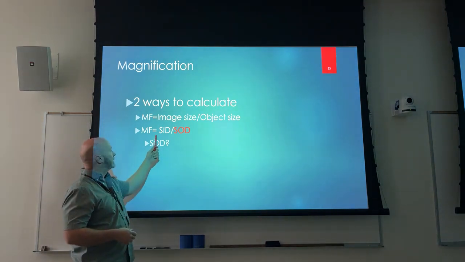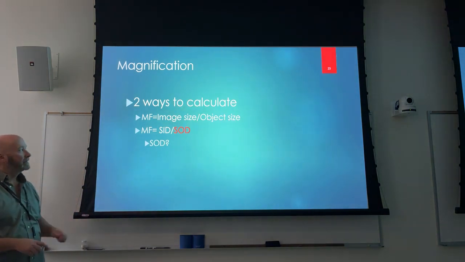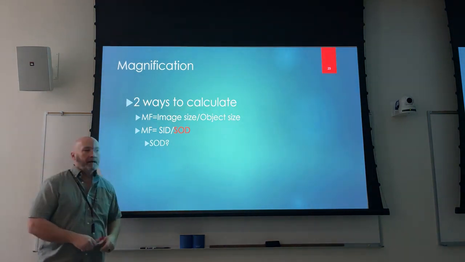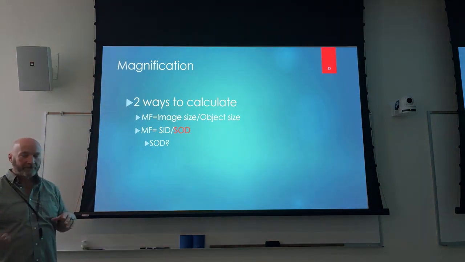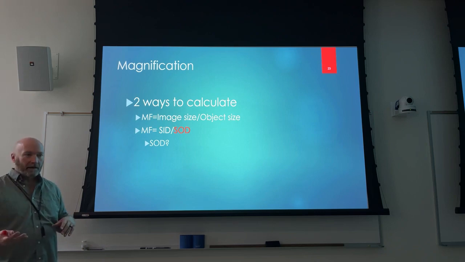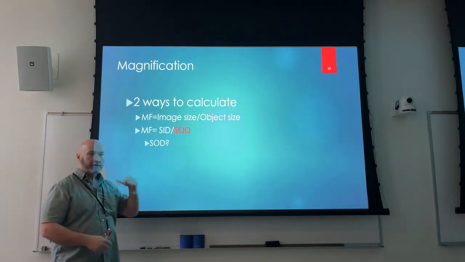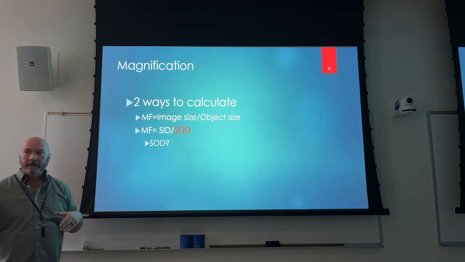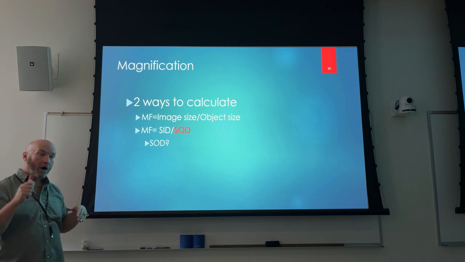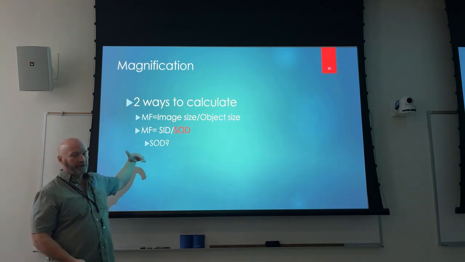The other way is SID over SOD. And where you're going to make a mistake on this one is in your SOD. Your SOD is your source to object distance. So you have to calculate SOD before you can work this, right? How you find SOD is subtracting the OID, object image receptor distance, from your SID.